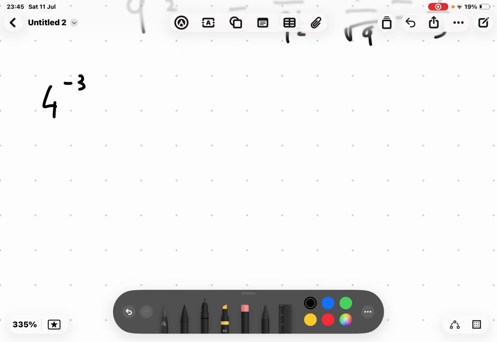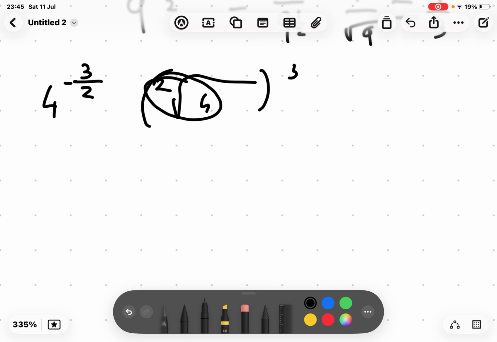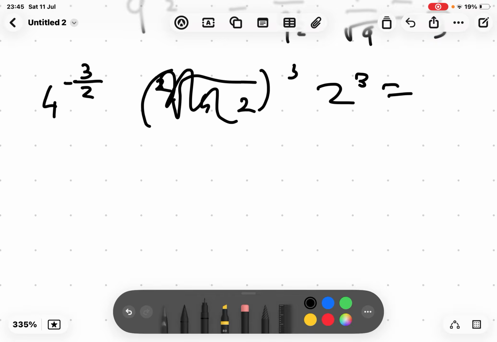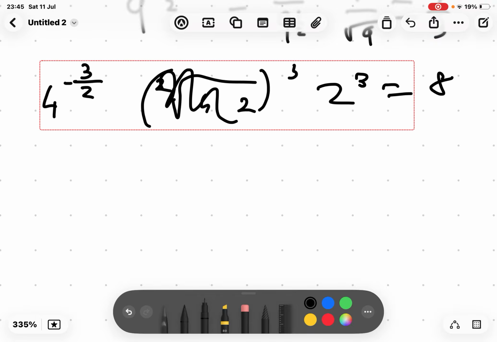4 minus, take away, so 2 4 negative 3. This becomes a 2. 2/3 is 8.